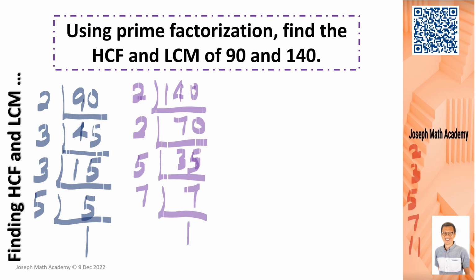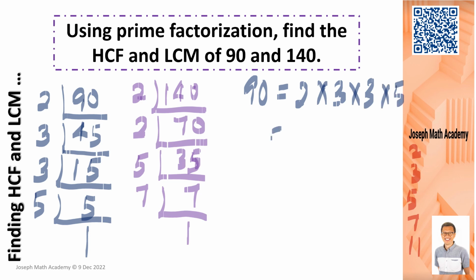I'm going to write down the factors of 90 using index notation. So 90 is actually 2 times 3 times 3 times 5, which is written as 2 times 3 squared times 5, because 3 appears twice.